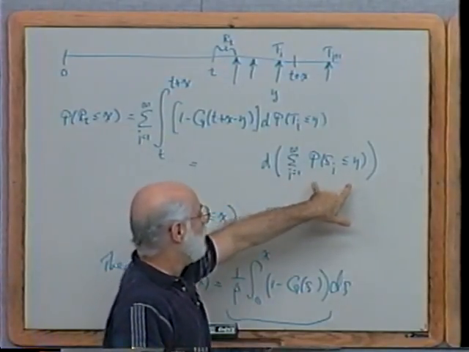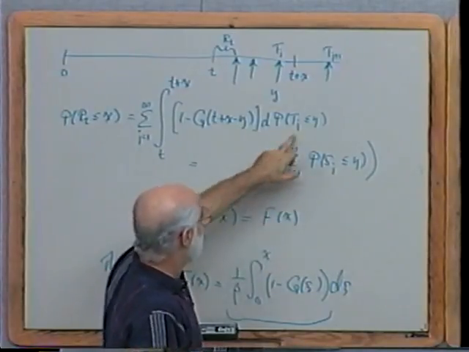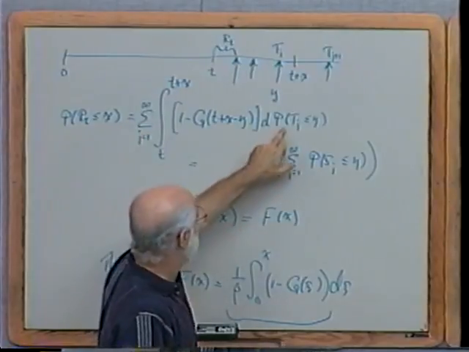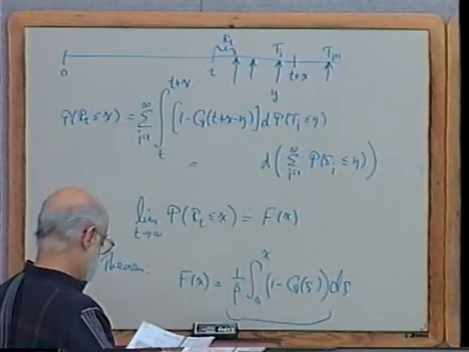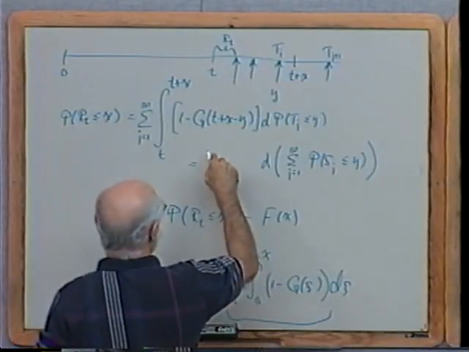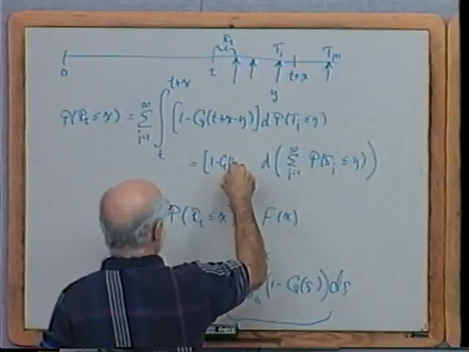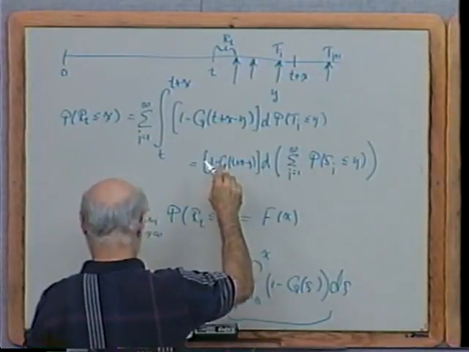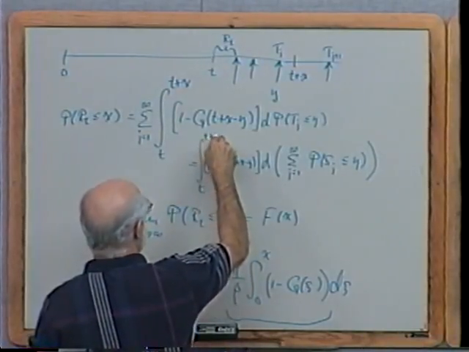Okay, so I'm going to take advantage now of that particular interpretation. So all I did was recognize that T sub j and S sub j are the same thing, and I took this sum and I put it right in here. Okay, then I'm left with the rest of it still the same: 1 minus g of t plus x minus y. And then I have the integral from t to t plus x.